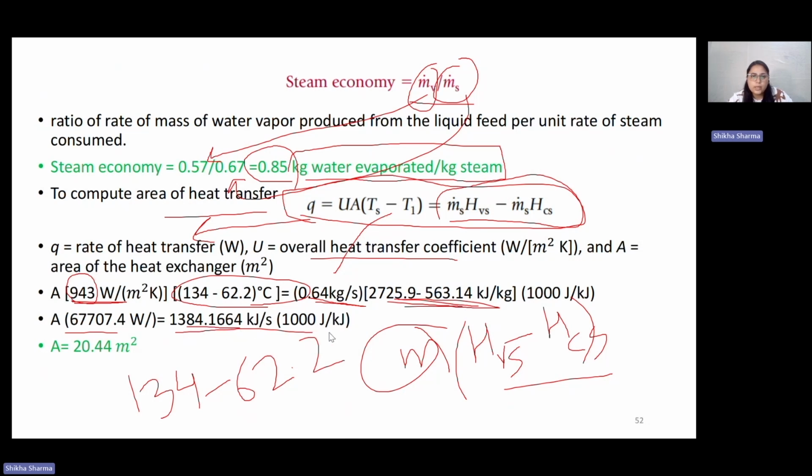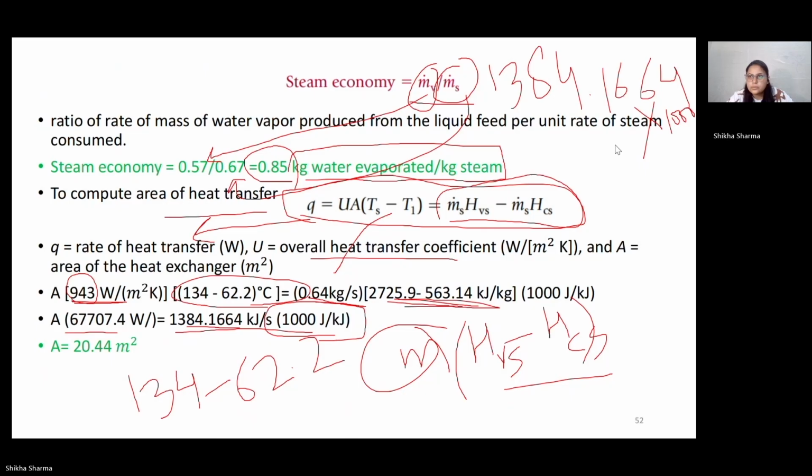which would be equal to 1384.1664, multiplied by 1000, because we are converting kilojoule per kg into joule. So it would be 1384.1664 into 1000 divided by 707.4.